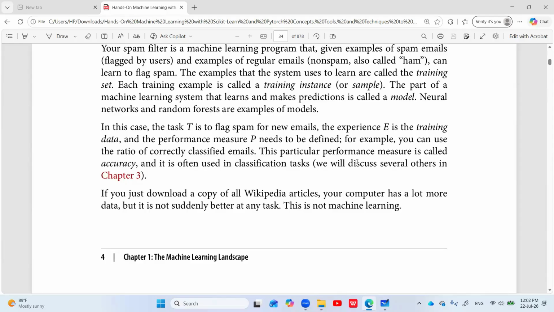This particular performance measure is called accuracy, and it is often used in classification tasks. One bigger thing we have understood here.